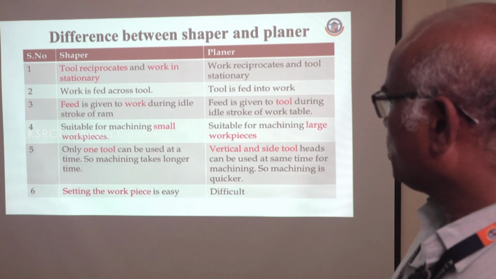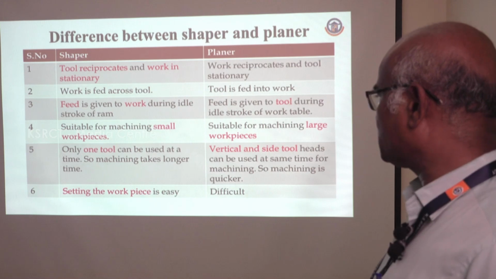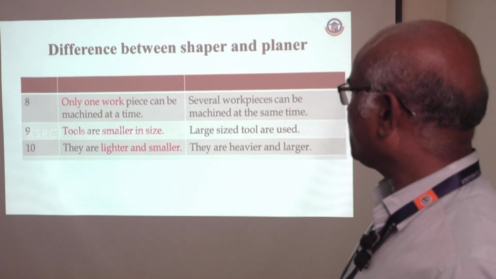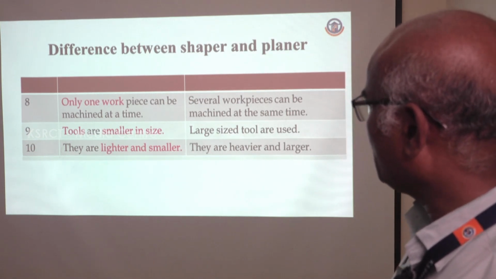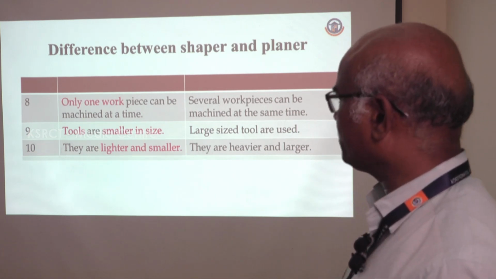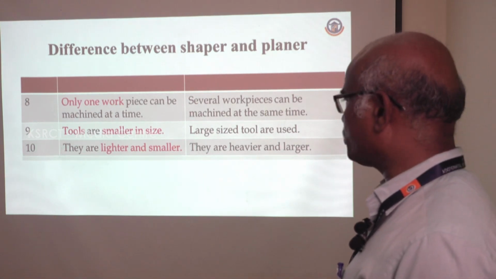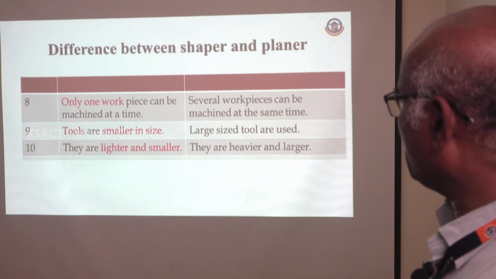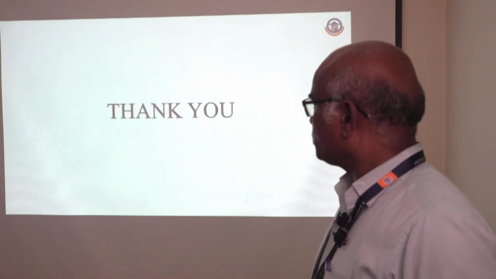Setting the workpiece is easy in the shaping machine, but setting the workpiece is difficult in the planing machine. In the shaping machine only one workpiece can be machined at a time, but in the planing machine several workpieces can be machined at the same time. The tools are smaller in size in the shaper, but in the planing machine larger size tools are used. In the shaping machine only lighter and smaller pieces are used, but in the planing machine heavier and larger workpieces are used. So, thank you.